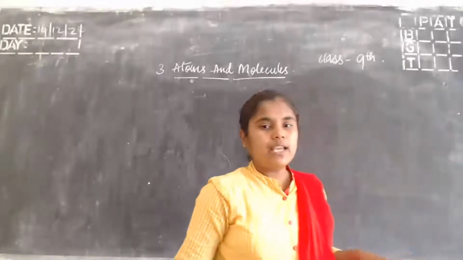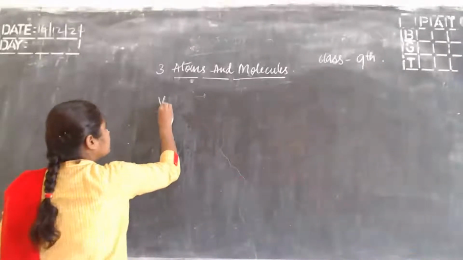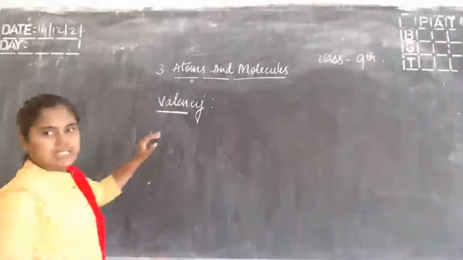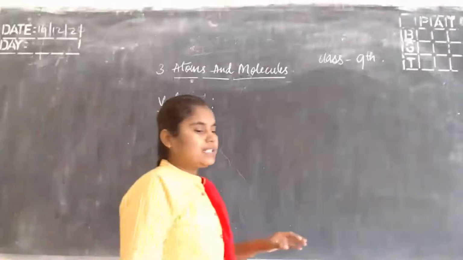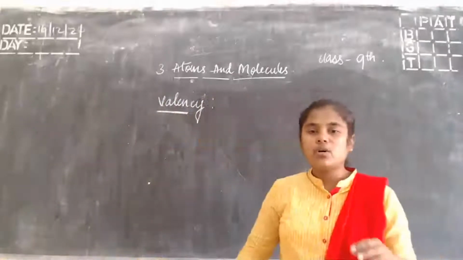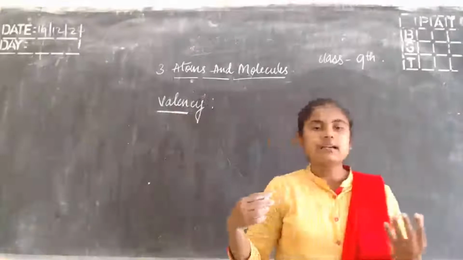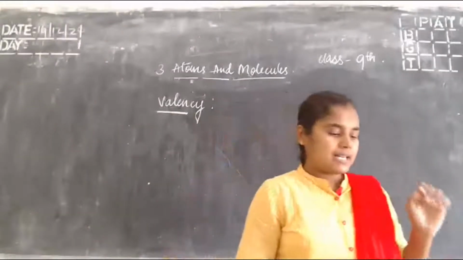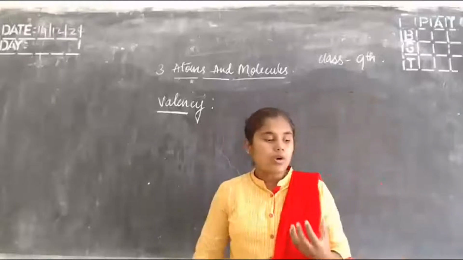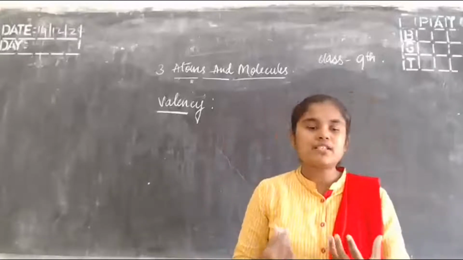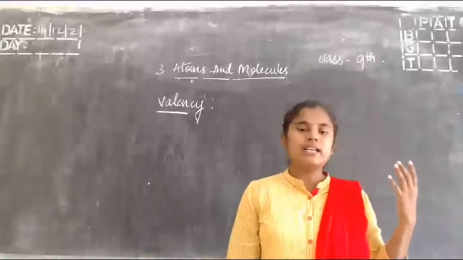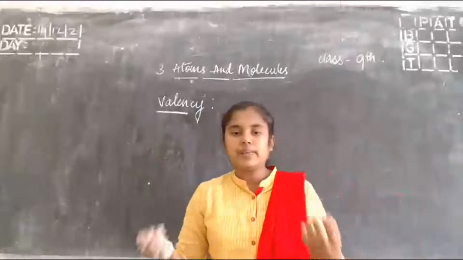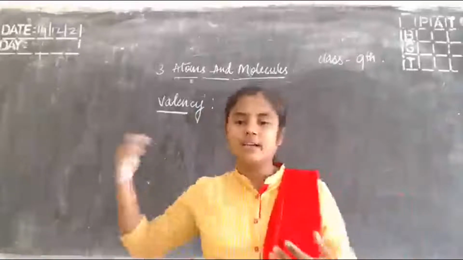Next is the valency topic. So what is valency? Valency is the combining capacity or the combining power of an element. If they say it like this, suddenly we don't understand. So we can say that it is how much capacity the element has to react with another element.